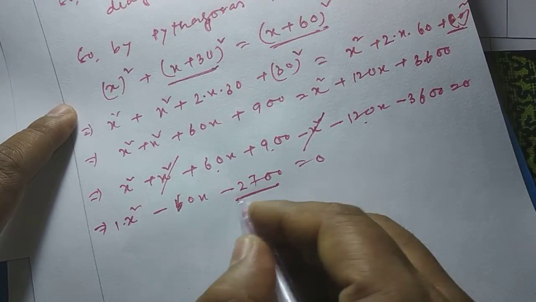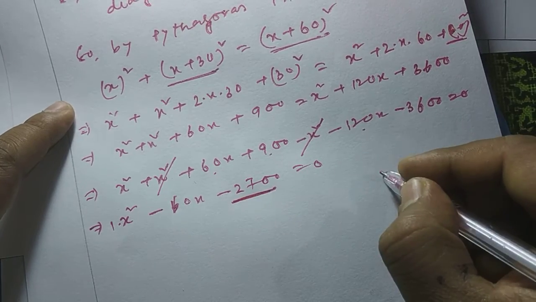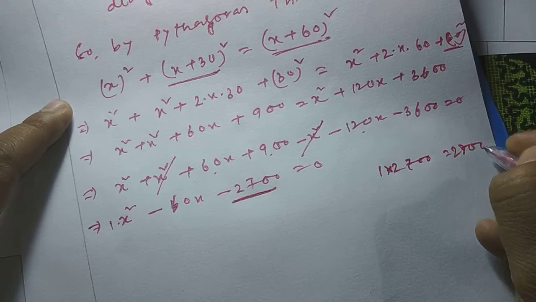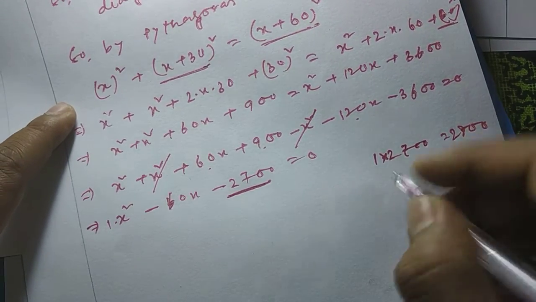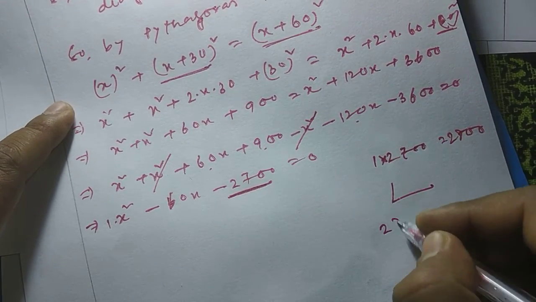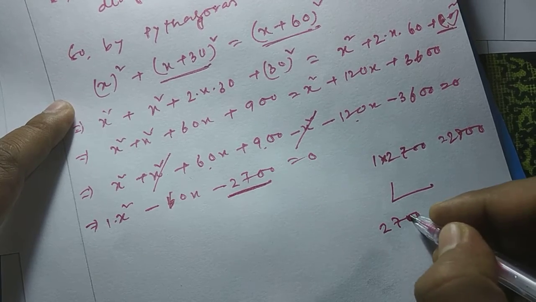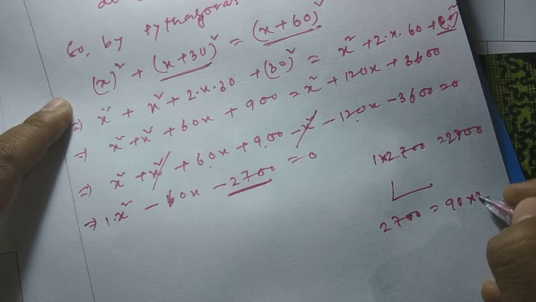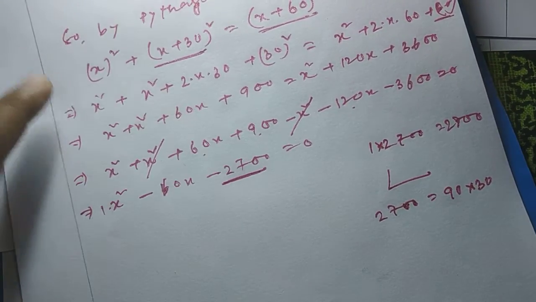The coefficient of x square is 1 and the constant is 2700. Now multiply, it becomes 2700. Now it can be split as, I am showing you directly, 90 into 30.